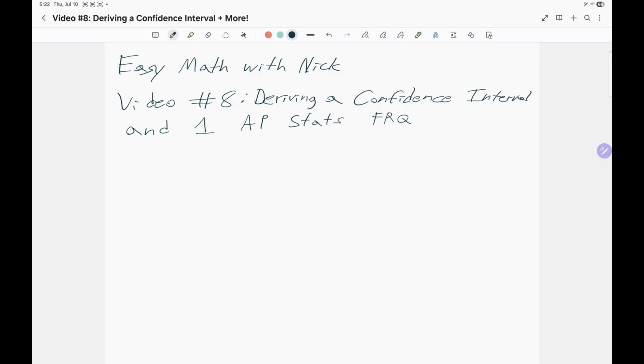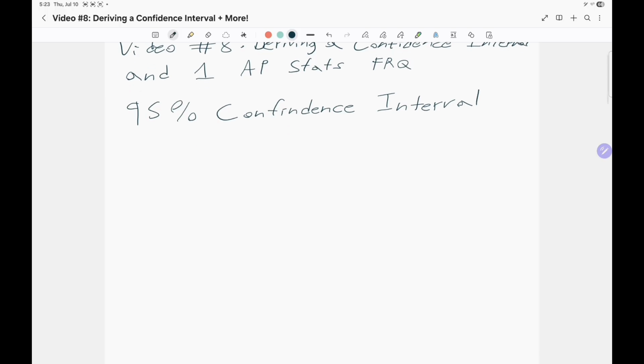So, if we have, let's say, the 95% confidence interval, we're 95% sure the mean lies within that interval. Okay. So that's just a verbal definition of what confidence interval is, but how do you actually find it?